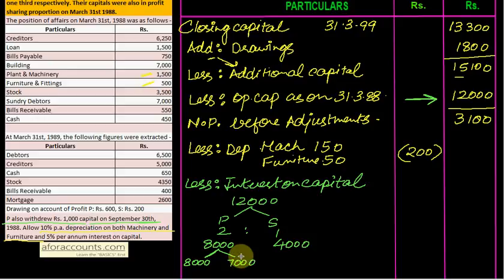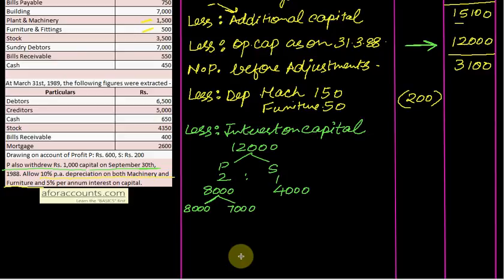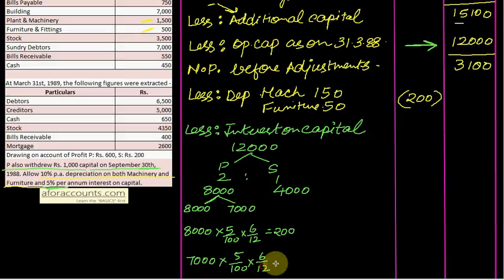So interest will be 8,000, what is the rate of interest? 5%. It is given 5% per annum. So 5% of 8,000 for 6 months, it was 8,000 only for 6 months. That comes up to 200. And for the next 6 months it is just 7,000 because he withdrew 1,000. So 5% of 7,000 for 6 months comes up to 175.